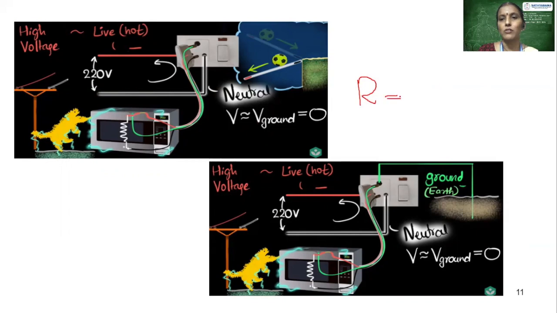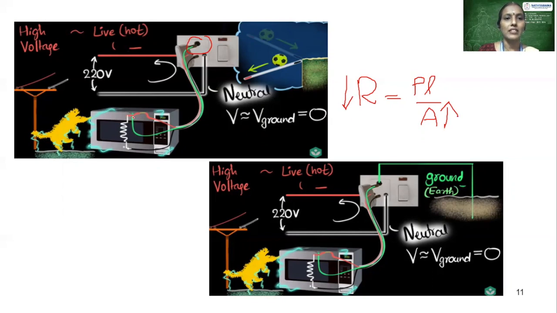You all know resistance is nothing but rho L by A. Now, I told you the area of cross section of this earth wire is going to be thicker. So when this is thicker, the resistance of this earth wire is going to be less here. So always remember the current will tend to flow through the low resistance path here.